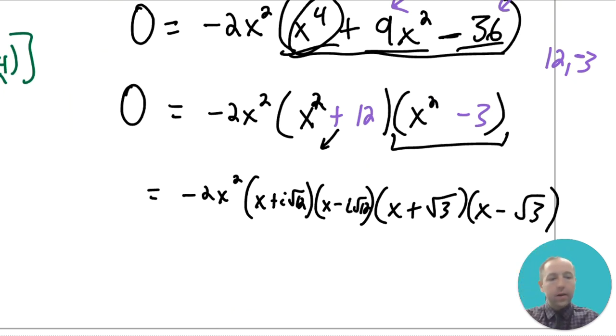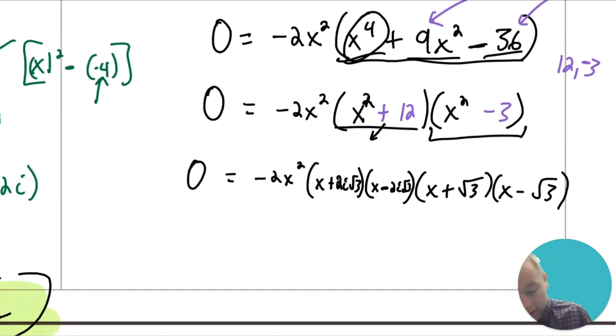So you'll have the i there because it was plus originally with the x squared plus 12. But you can simplify the square root of 12 because that's actually going to be 2 square root of 3. So think about this as being x plus 2i square root of 3 and x minus 2i square root of 3. And so then, yeah, you can get all the zeros pretty okay.